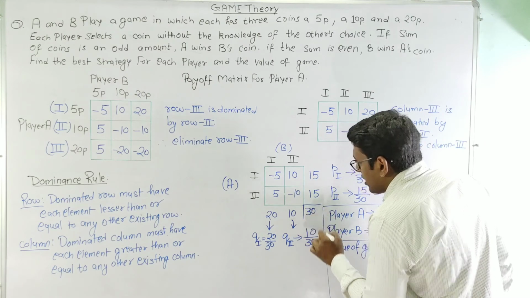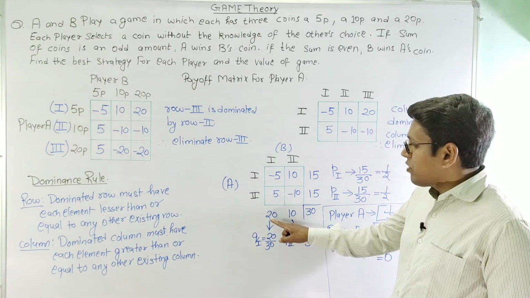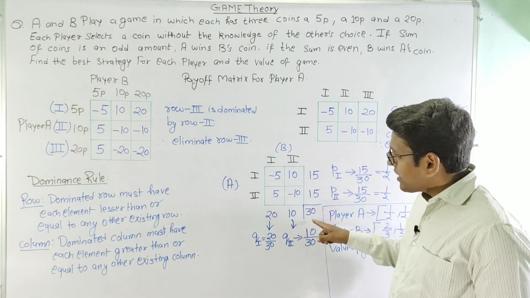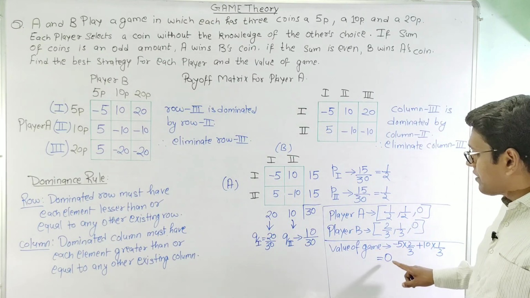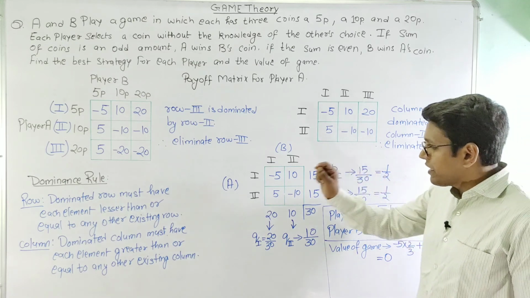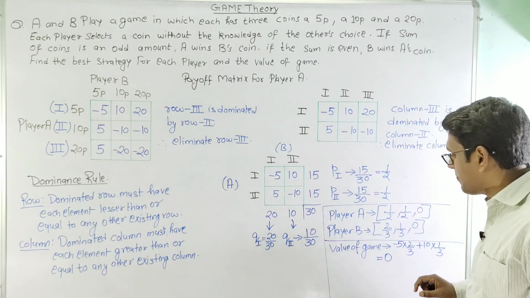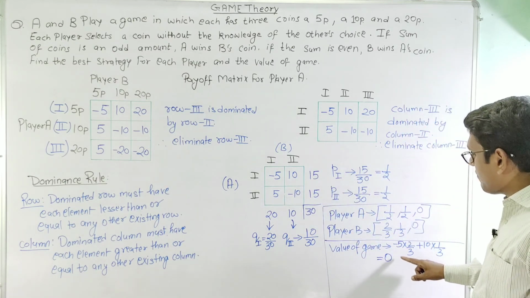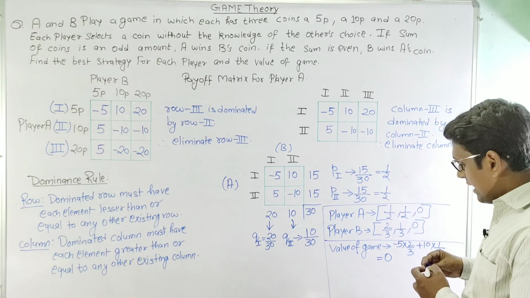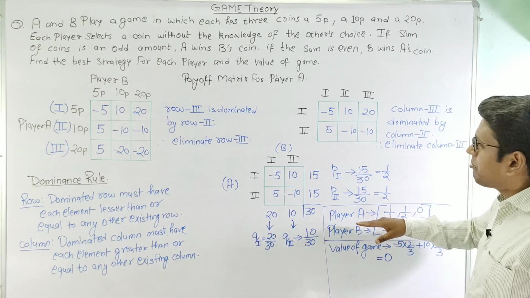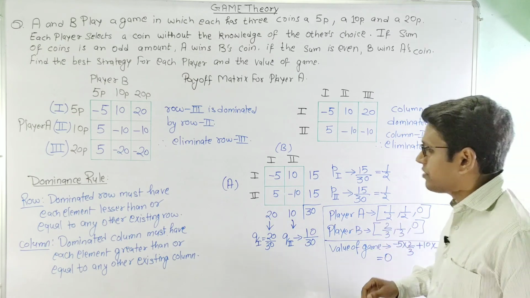So whenever the sum of oddments horizontally and vertically are equal, then we can say that this particular value of game is the same for player A and player B. So here we have calculated the value of game and the optimal strategies for player A and player B.